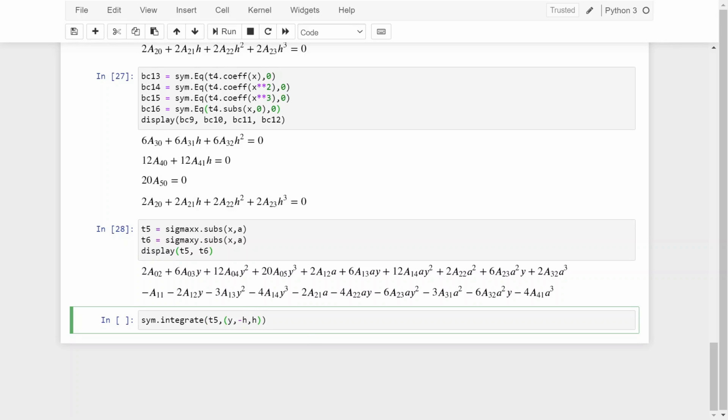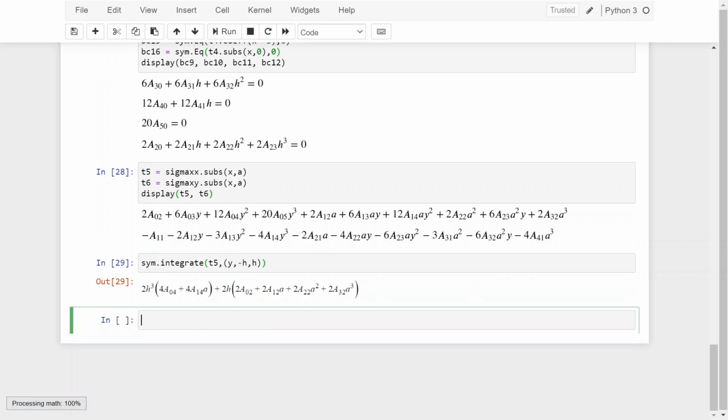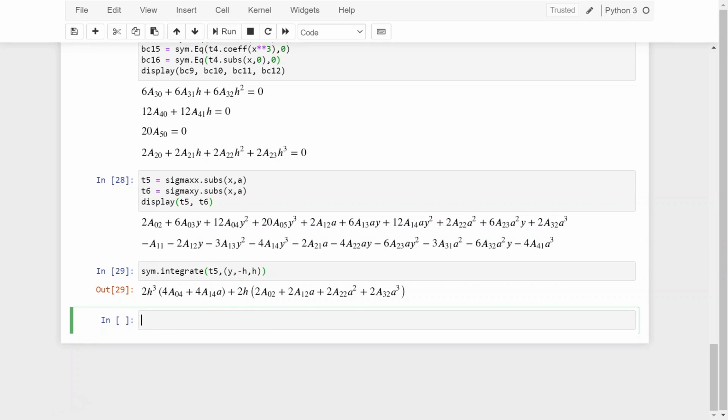Let's just display this. You see this is quite a complicated looking expression, but thankfully there are no terms involving y square and y cube. Of course not, because we have already done the integration with respect to y. But this is not in a very nice, easy to handle notation, so we need to expand this also.